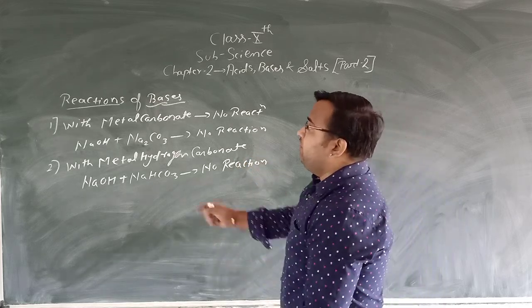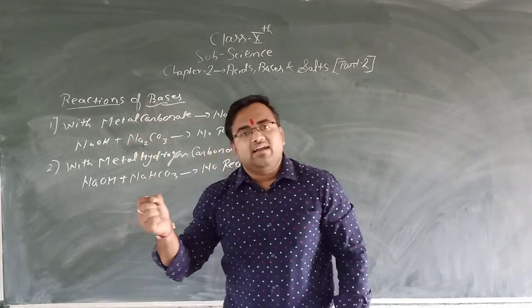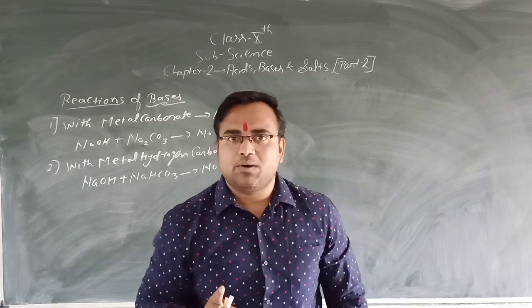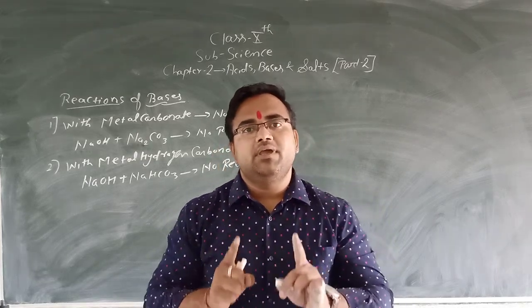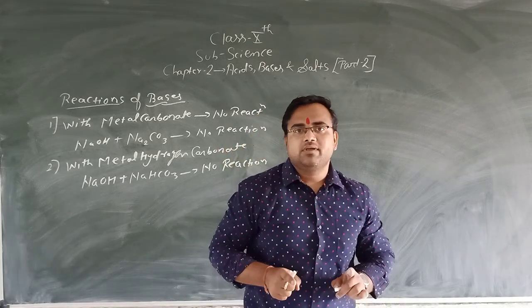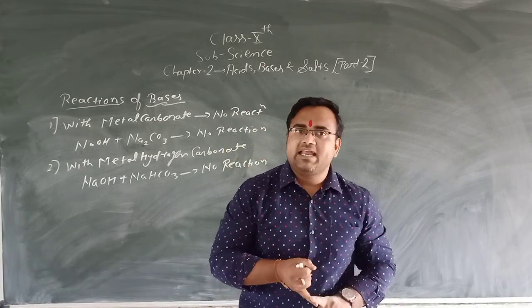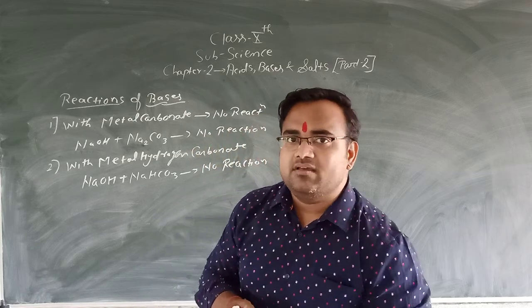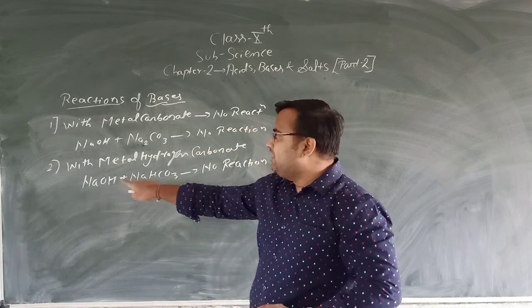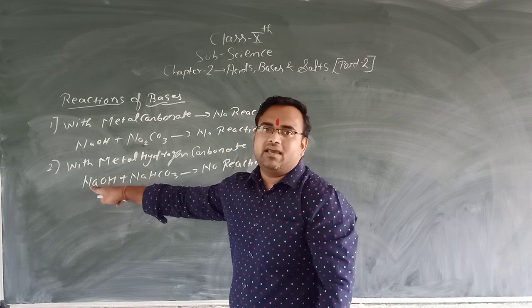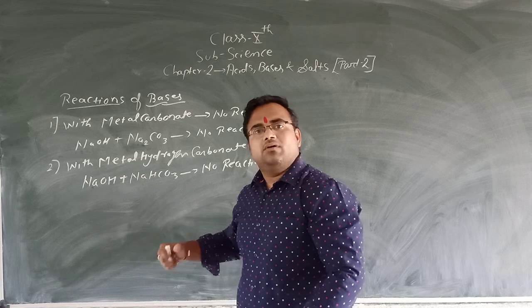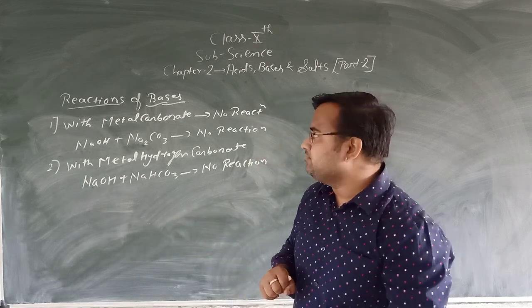Whenever bases are treated with metal carbonates or metal hydrogen carbonates, the answer will be no reaction. See, Na metal and Na metal. Can a metal react with any metal? No. So the answer will be no reaction.